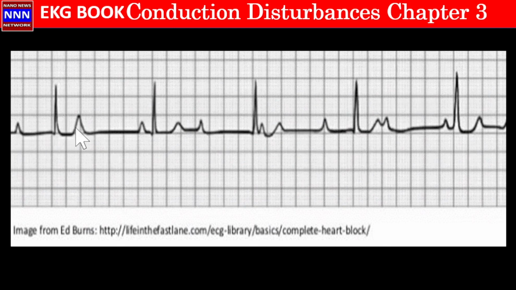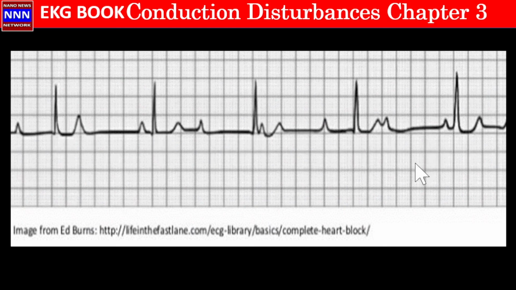But the P waves are working independently of the QRS complexes. And one of these could be a fusion beat because the morphology of this is different from the rest of the QRS complexes.